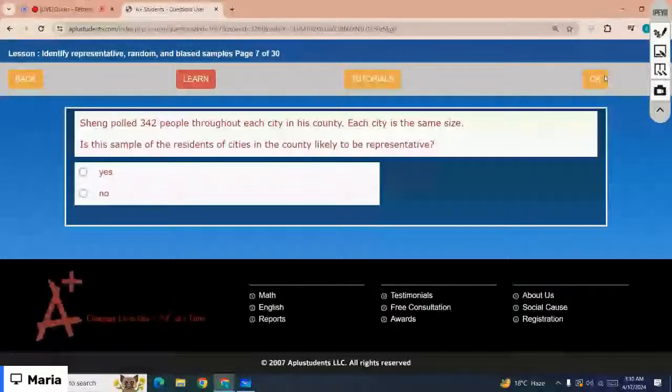Yes, they are representative because these are 342 people from each city in the country, and each city is the same size, right? So the correct option is yes, it is.